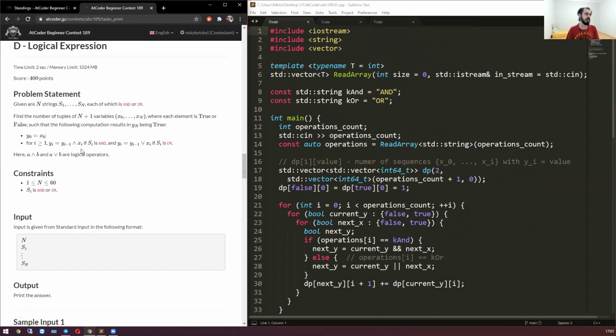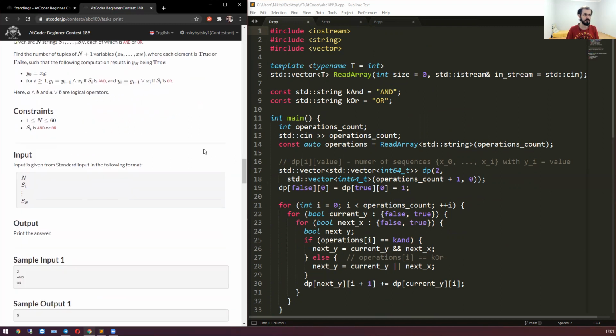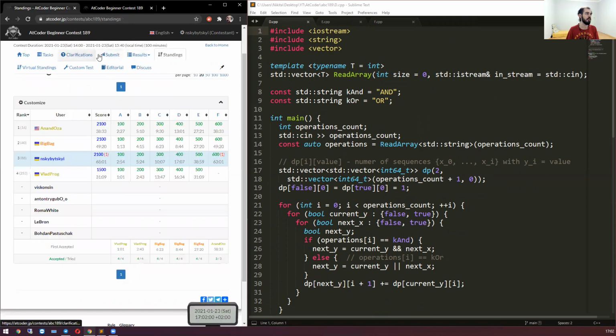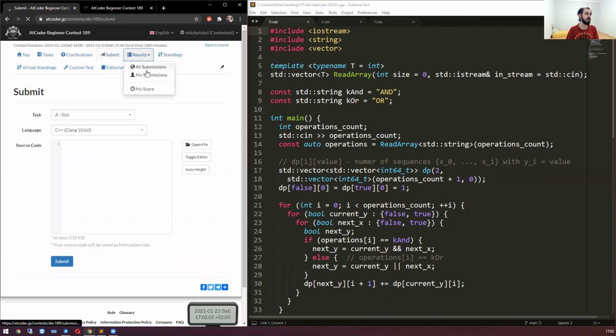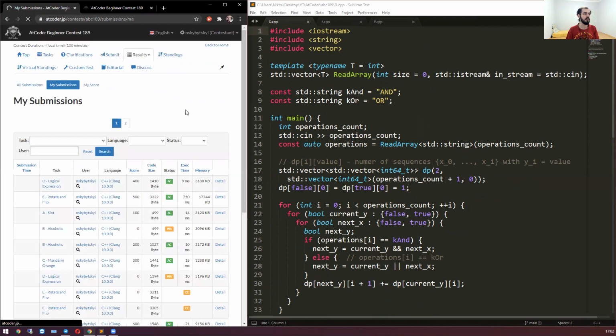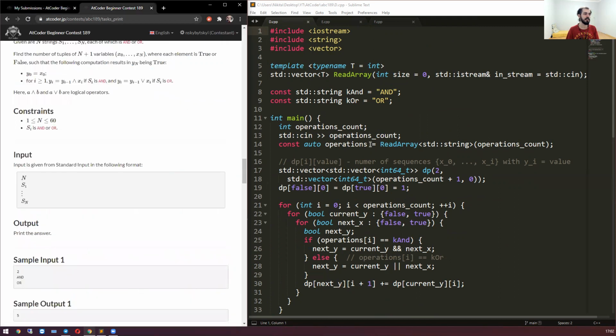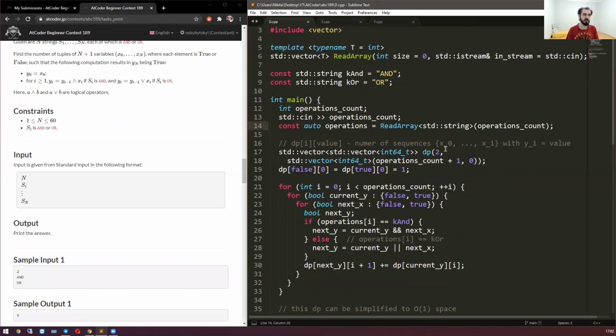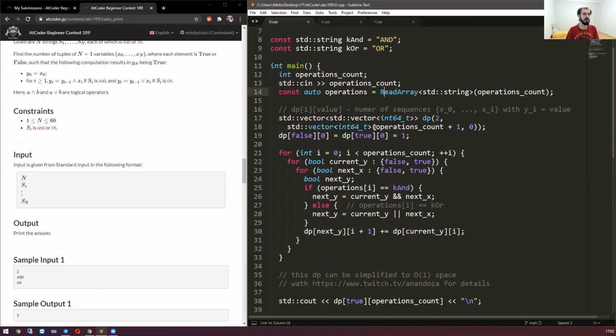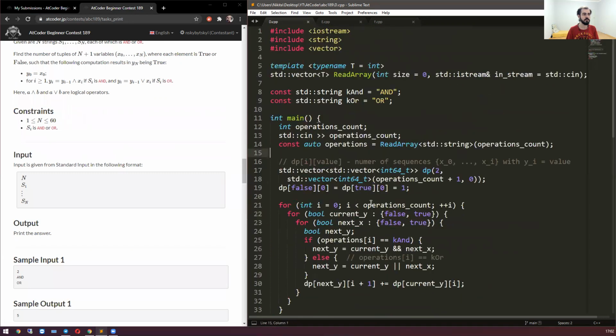Problem D was kind of weirdly formulated with these and/or signs, but actually what I implemented in the actual contest was a bit different, but I clarified a bit what I wanted.